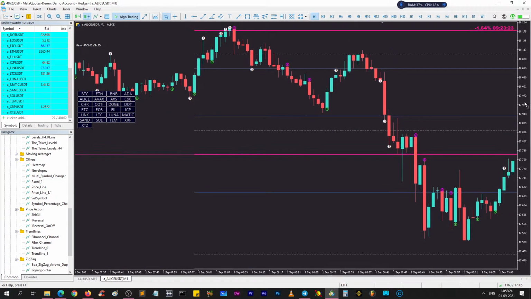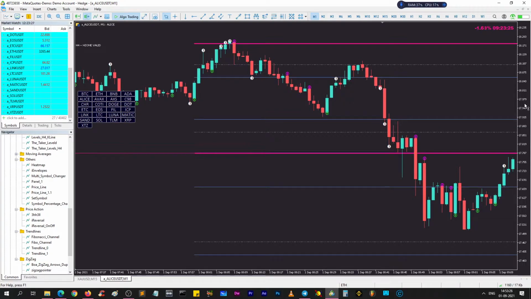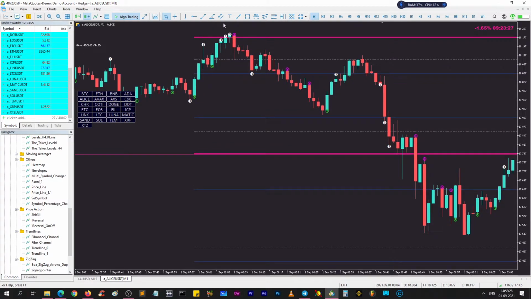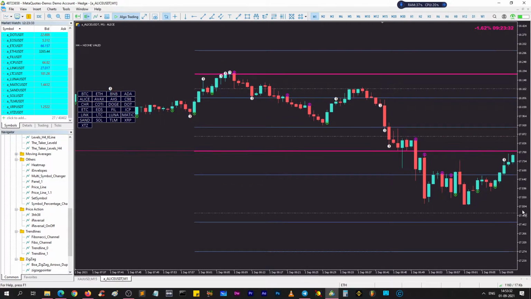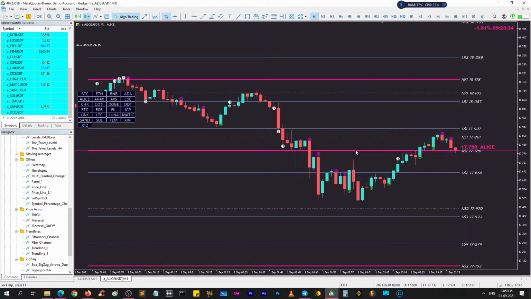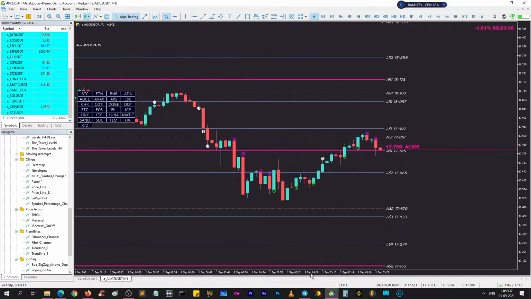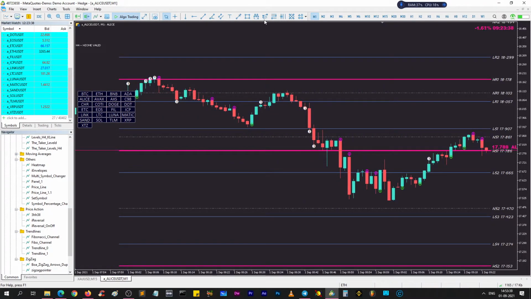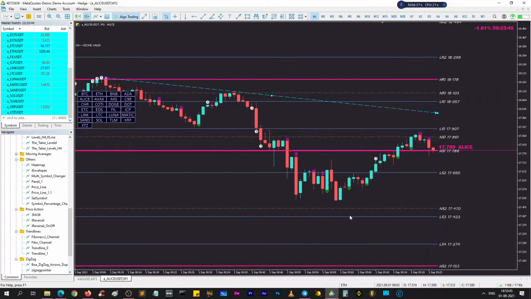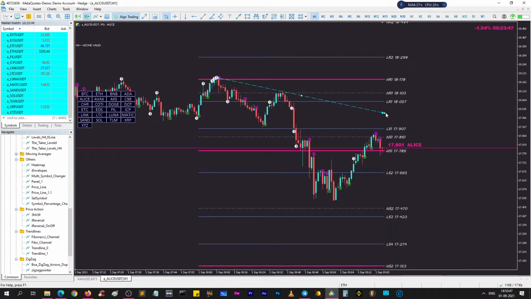And I want to show you, once it retraced from here, how do we know where it's going to end its downtrend? Okay, so for that, very simple things like this can be used. Just draw a trend line from this high and connect the last 2 points. Okay, and like this, this will be a trend line.